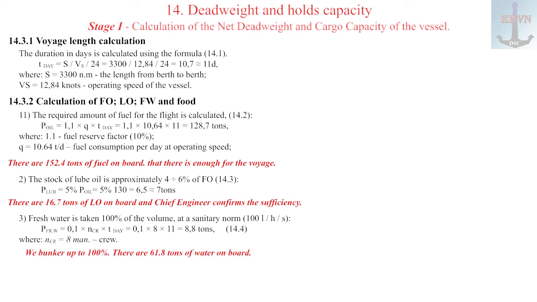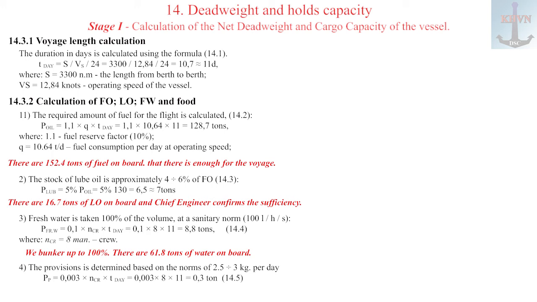There are 61.8 tons of fresh water on board now. 4. The minimum required supply of provisions for the crew is determined based on the norms of 2.5 to 3 kilograms per person per day, formula 14.5. We've just replenished our provisions. On board 3.5 tons, enough for the voyage.